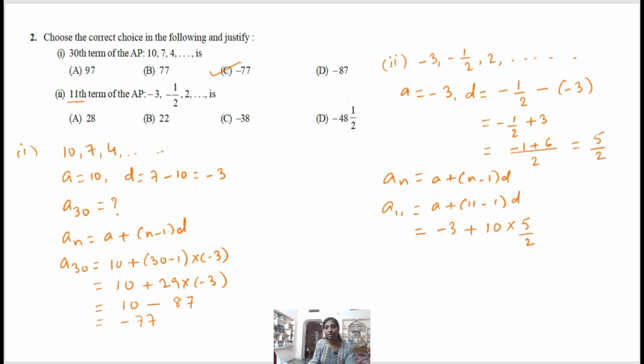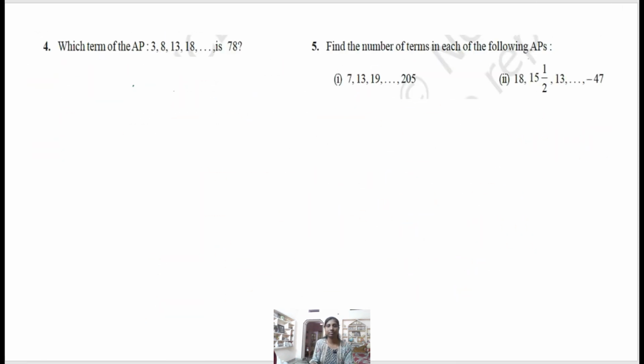So here 2 5s. Now minus 3 plus 5 5s are 25. Now minus 3 plus 25 will be equal to 22. So option B is correct. These are very simple and easy questions. Now let's move to the next question.